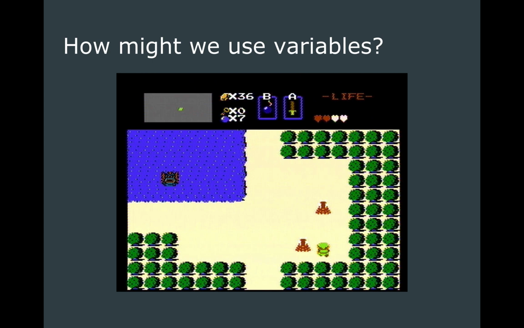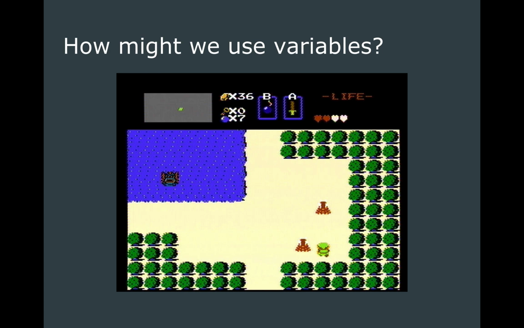And just in this one screenshot, which is, I think, within the first 5 minutes of playing the game, you get the sword and then you start running around to different screens battling enemies. We can see right away a lot of different variables that we would use. You can see some numbers on the screen, which I think are most clearly variables, right? The amount of money that Link has accumulated.